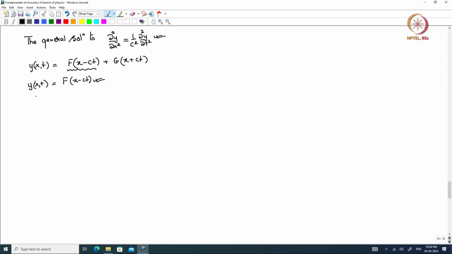So, we have to take derivatives with respect to space and time. Let us do del y by del x. Del y by del x is first of all the derivative with respect to the whole argument, I call it f dash, then the derivative of the argument with respect to x, which is 1. So, I have f dash.